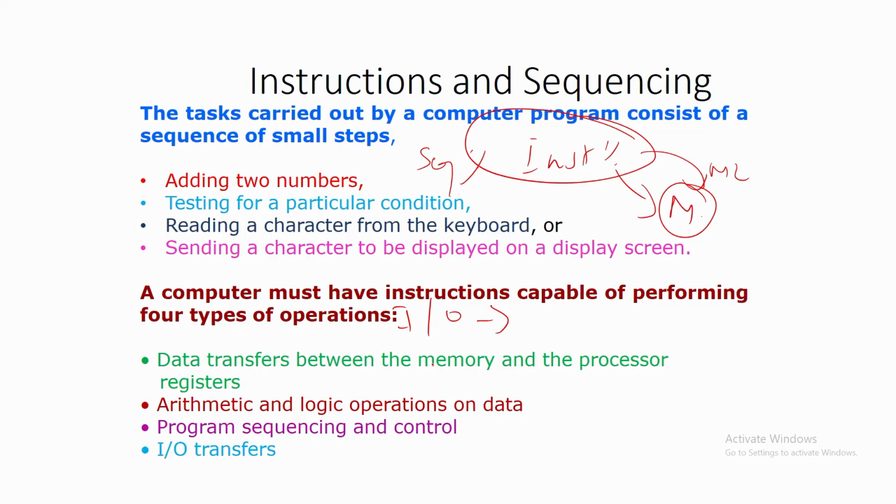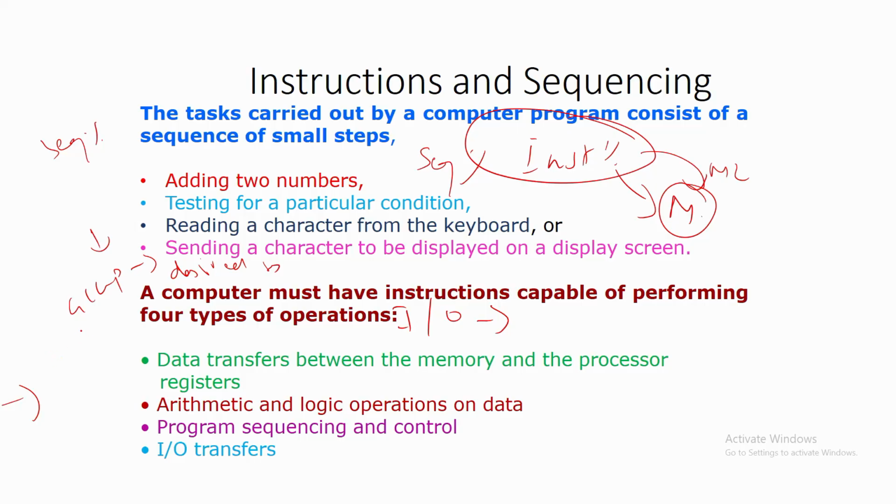Normally the processor will execute those instructions sequentially, in order to accomplish the desired task which has been mentioned. From this we can say that a computer program is mainly about sequencing instructions in an order and storing them in memory.